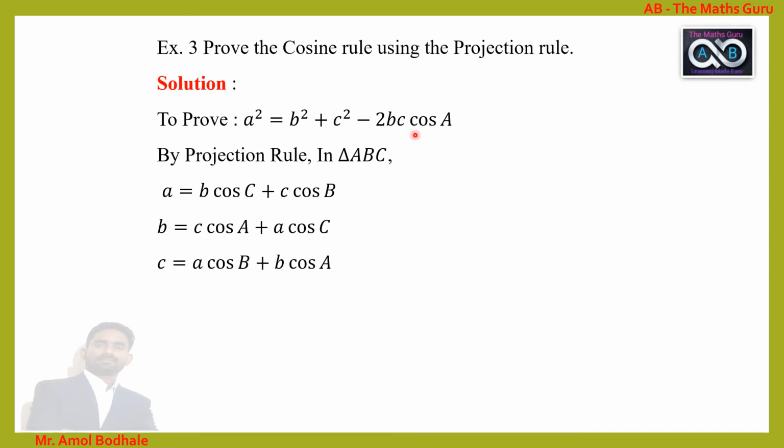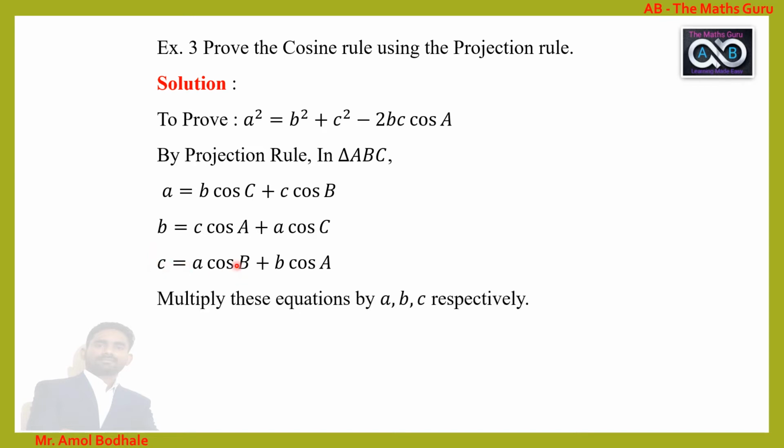To prove this statement, we require the values of a square, b square and c square. If we multiply the first statement by a, we will get a square. If we multiply the second statement by b, we will get b square. Similarly, by multiplying the third equation by c, we will get c square.